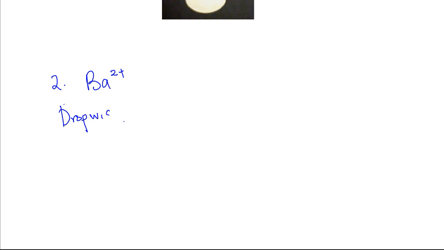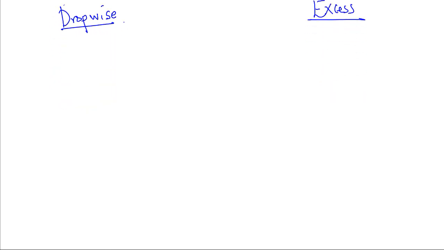So dropwise, the observation is white precipitate is observed. Or simply, white precipitate is formed.